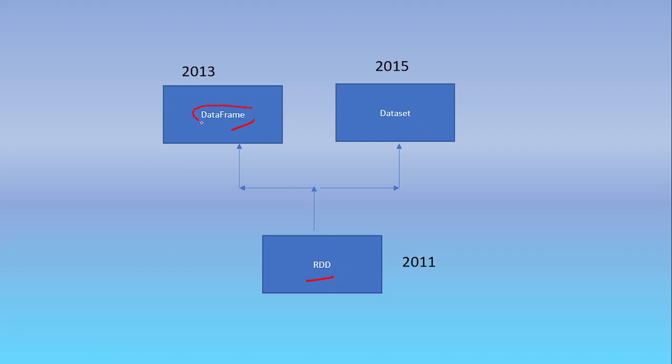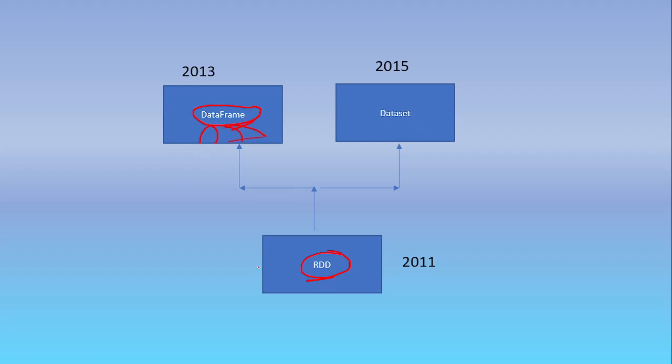If I want to define a data frame, it has all the capabilities of RDDs. For example, data frames are immutable, they partition the data, distribute the data, hold the data in Scala collections, and so on. But it has some additional features on top of the RDD.